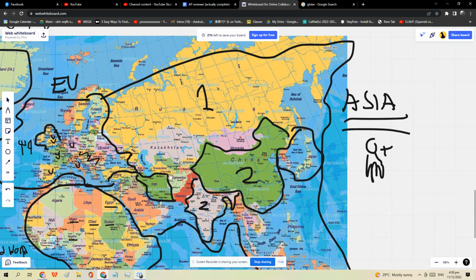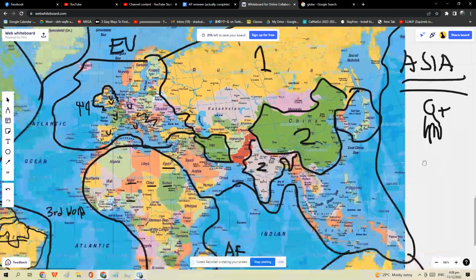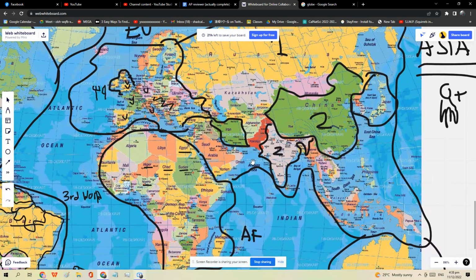Within the continent, three of the world's oldest civilizations also originated in Asia: Sumeria, India, and China. India, or you can call them Dravidians, and this one, the Chinese.